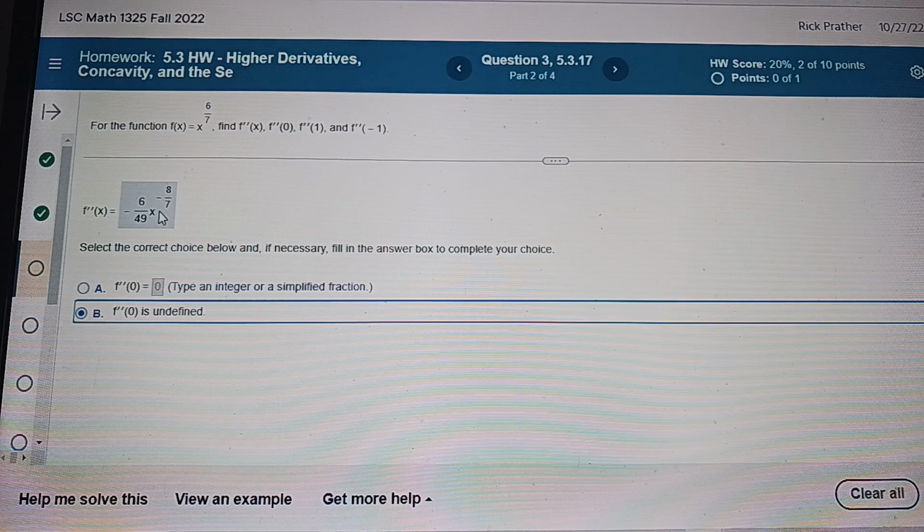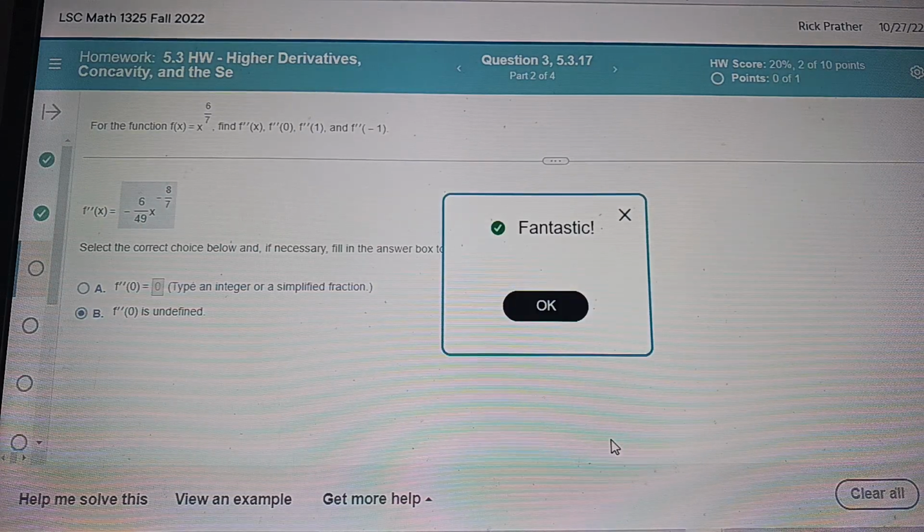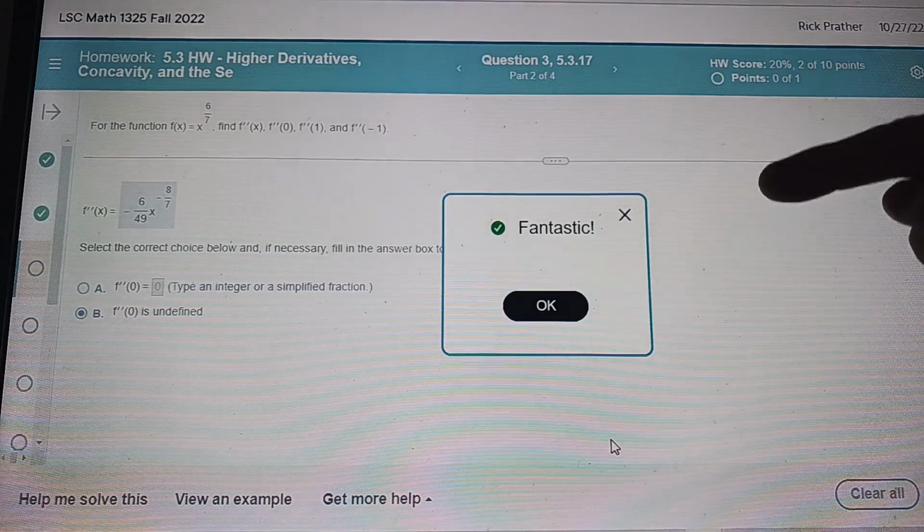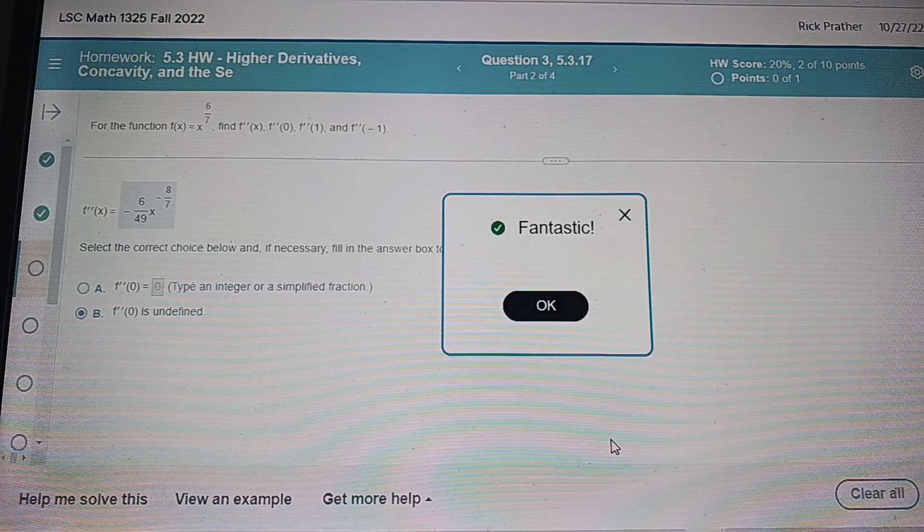So it wouldn't be 0 times it, it would be negative 6 divided by 0. So the negative 8/7 drops it to the bottom first. But here in a second, we're going to see that if the second derivative is 0 or undefined like this, that's a special case, kind of like critical numbers for first derivatives. Although it doesn't go by that same name.